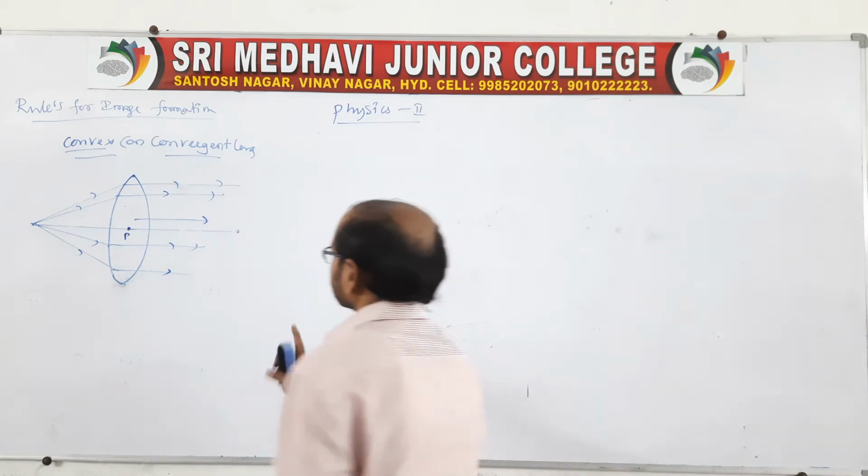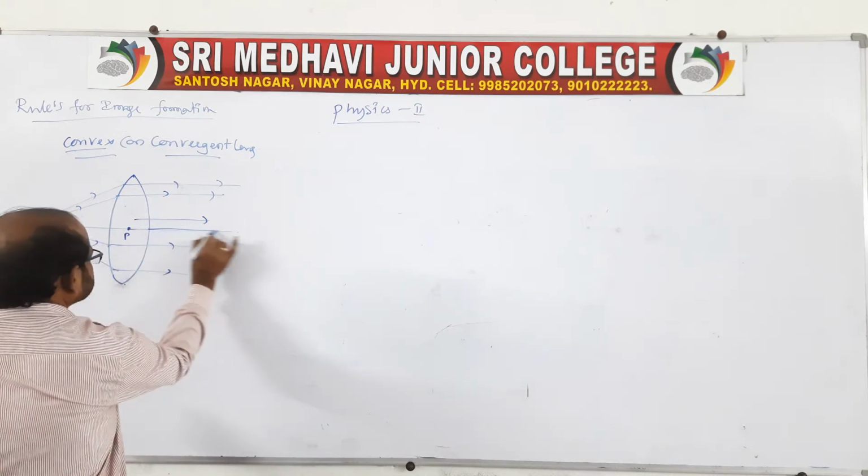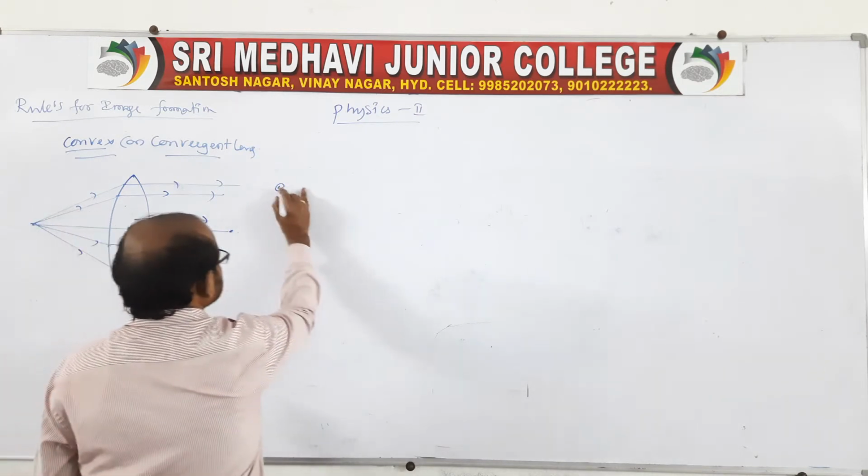Now, the first rule in the case of a convex or convergent lens: if the object is at a focal point, then the image will be formed at infinity. The rays pass through the principal focus for a convex lens and appear to diverge from the focus point. Clear?